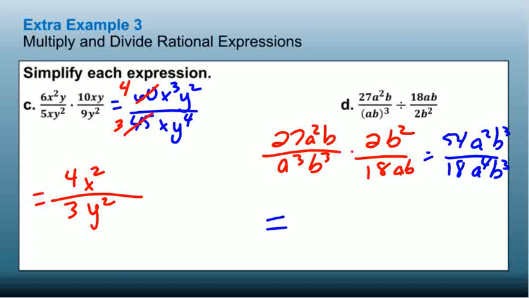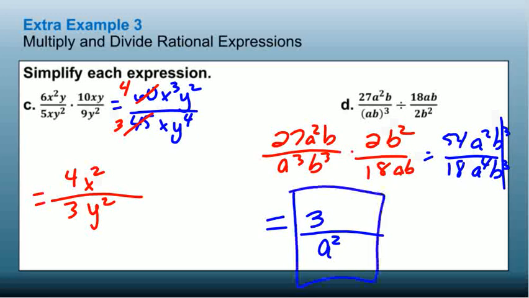So for my final answer, 54 and 18, I can divide that by 18. 18 times 3 is 54, so I have 3 on top. And then I have a squared on the bottom, and the b's divide out, so my answer would be 3 over a squared.